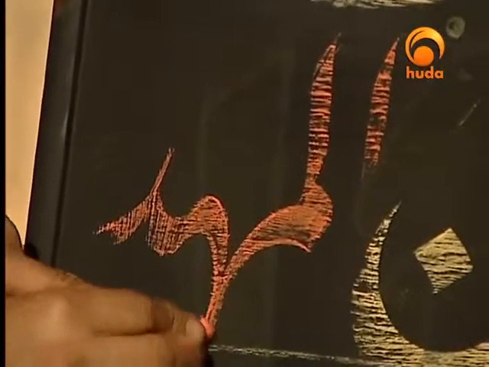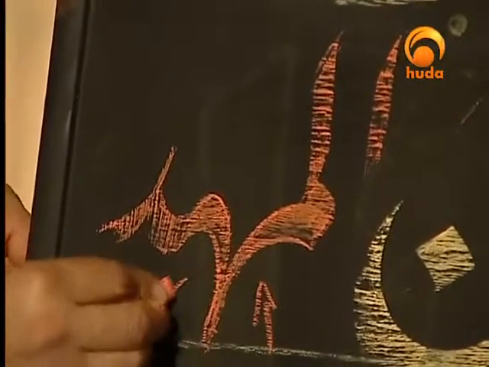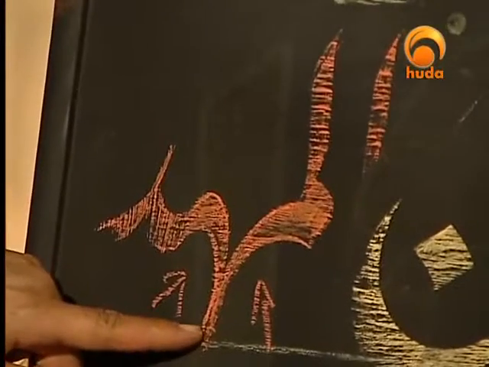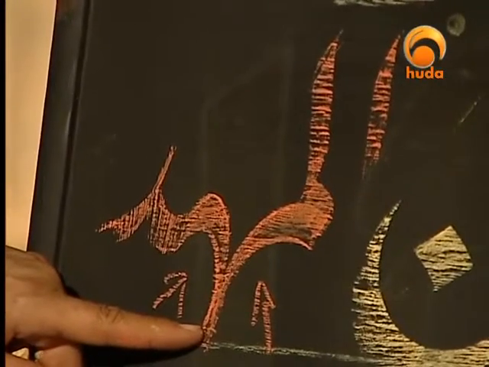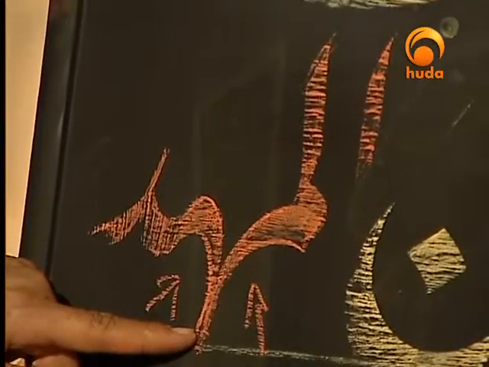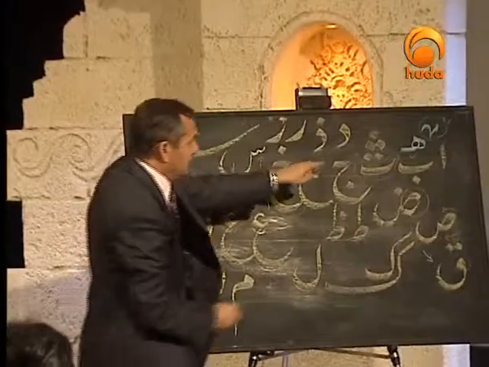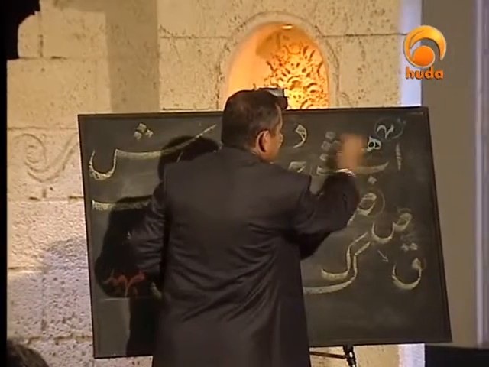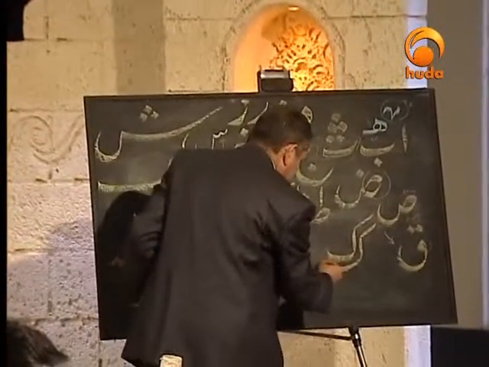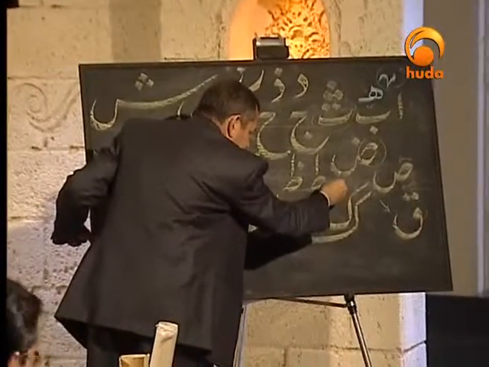But I can use this only for ha in the middle of my word, but I can't use it as a beginning. I can use also the other style of ha in the middle. How can I do it? Like this.